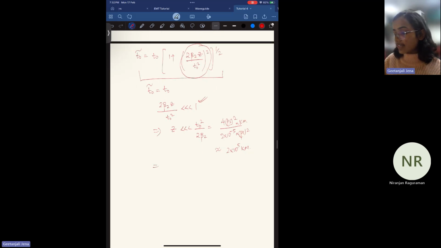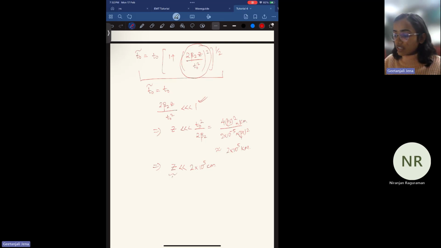So this condition says whenever the propagating distance is much less than 2 into 10 to the 5 kilometer, then the temporal spreading will not be there. So the wave will propagate undistorted. There won't be any change in the amplitude and there won't be any change in the temporal width.